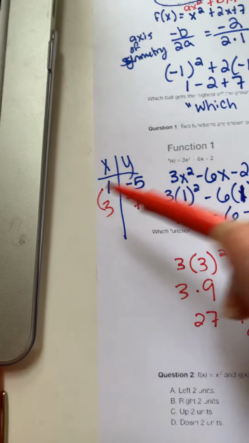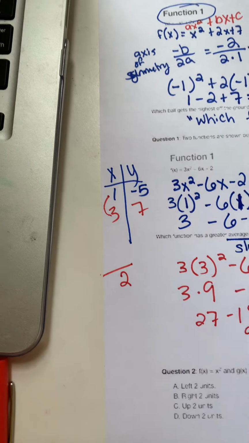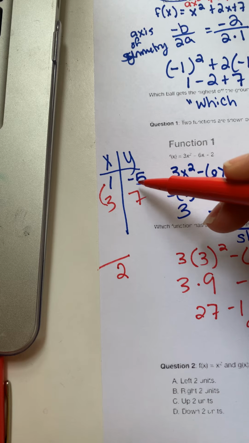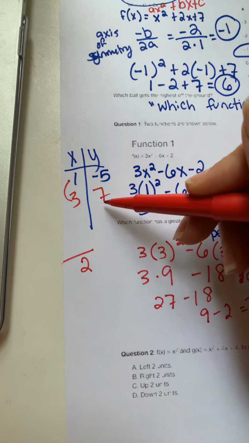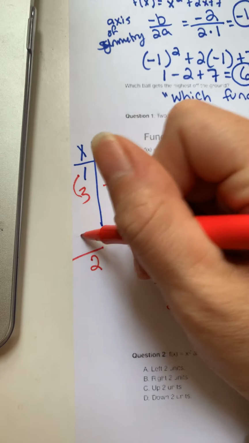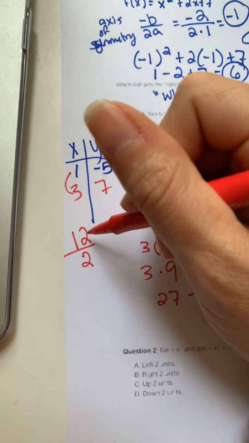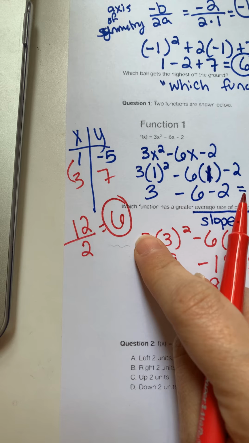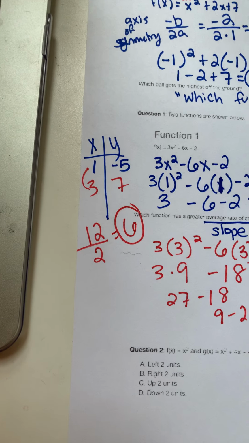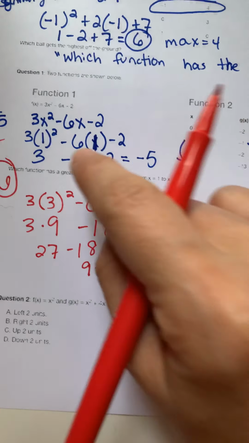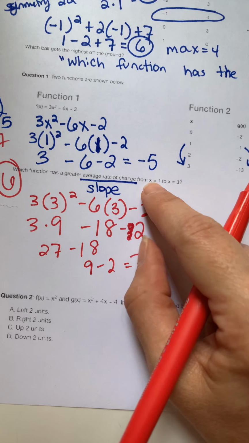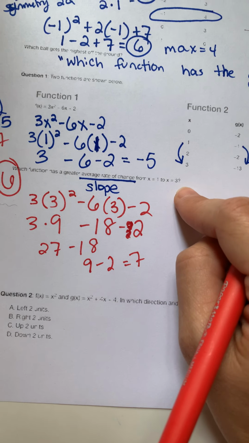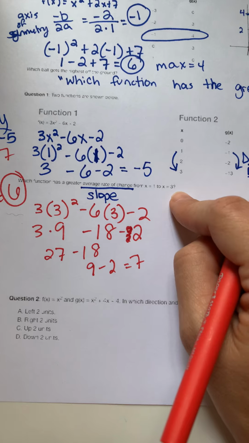All right, so my x values went up 2. My y values went from -5 all the way to 7. So it went up 12. So my rate of change for this is 6. So which function has a greater average rate of change from x equals 1 to x equals 3?